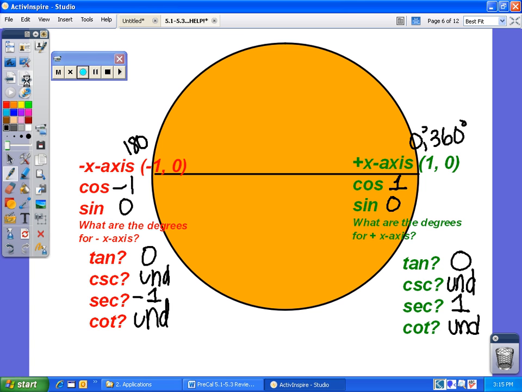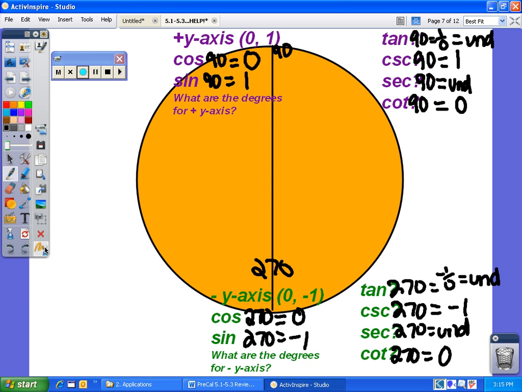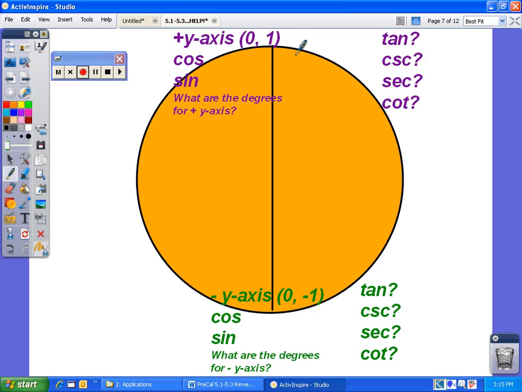Okay, now when you go to the positive y-axis, these are 90 and 270. It changes. Tangent now becomes undefined. And because tangent is undefined, cotangent gets a value. It becomes 0. Cosecant, which is the opposite of sine, just stays as 1. And then on this side it becomes negative 1.